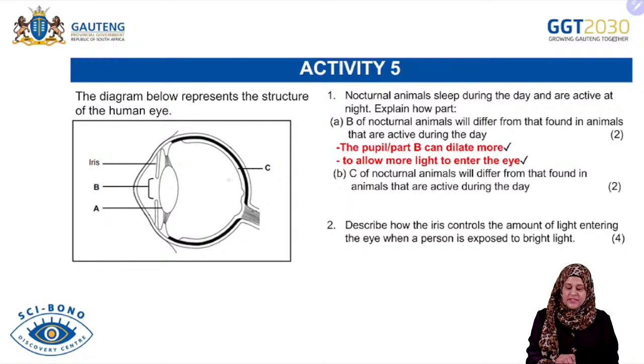It has photoreceptors, rods and cones. Remember we said that the fovea has more cones because cones are for clear vision, but rods, on the other hand, are for dim vision. So maybe the retina has more rods so that we are able to see better in dim light because we are nocturnal. So let's see what that will do.